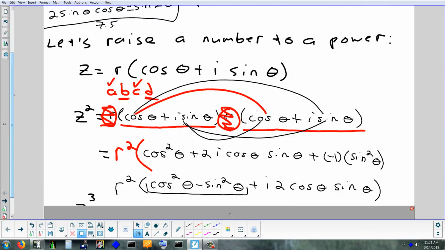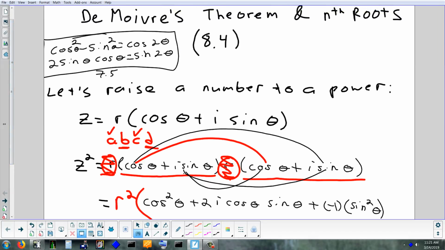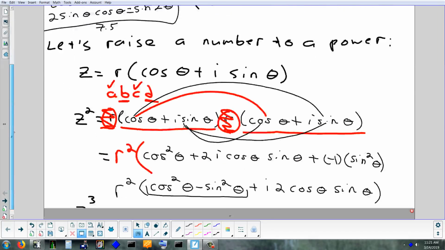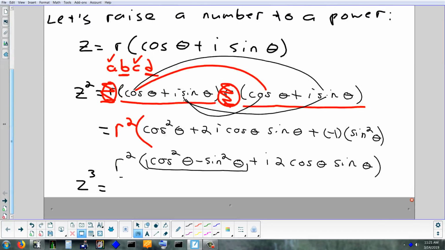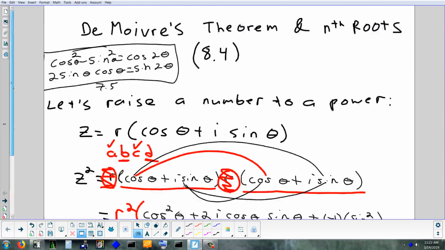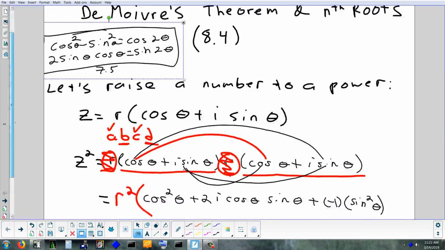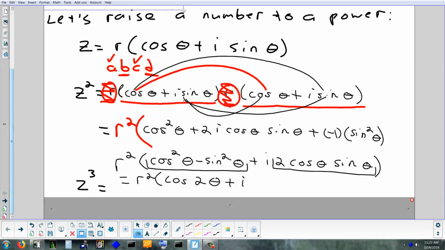Cosine 2 theta, yes. So that's going to be R squared cosine 2 theta plus, now look at that part, 2 times cosine times sine. That part turns into sine 2 theta. And the I just stays right where it is.